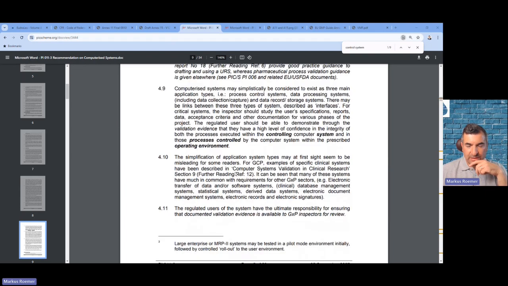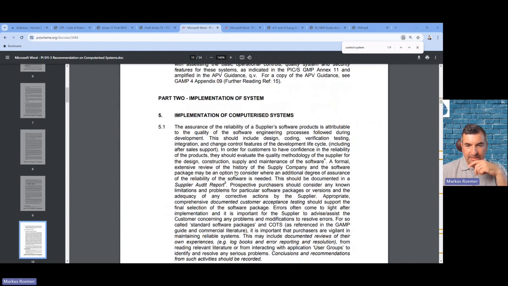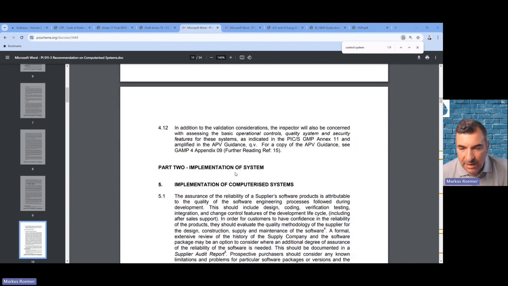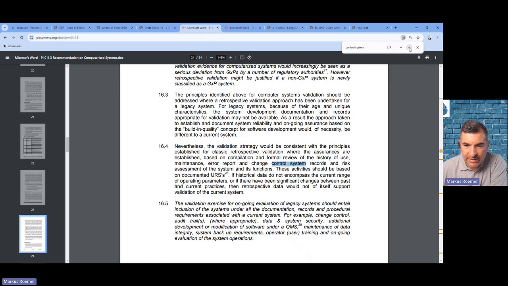And what is also interesting here, that they say how they will approach such systems. So it's an interpretation basically of the old Annex 11, but you will find here a lot of useful information. Even if sometimes it's a little bit older, it definitely makes sense.